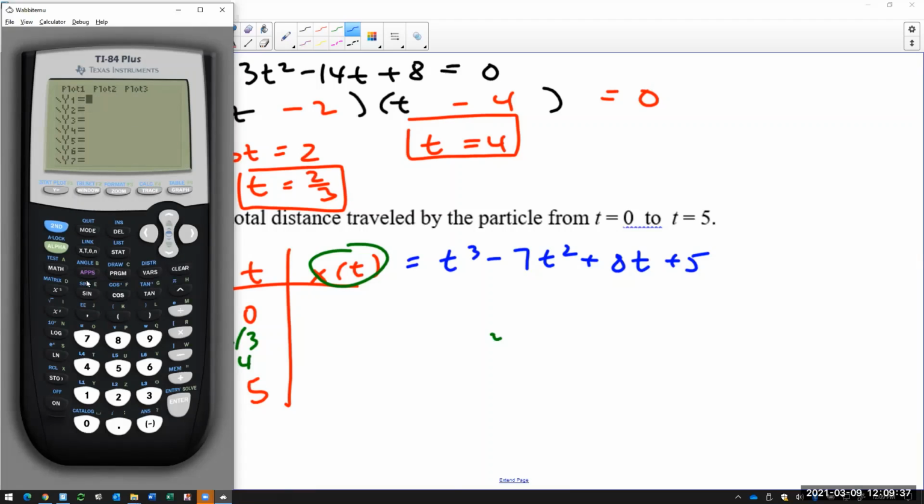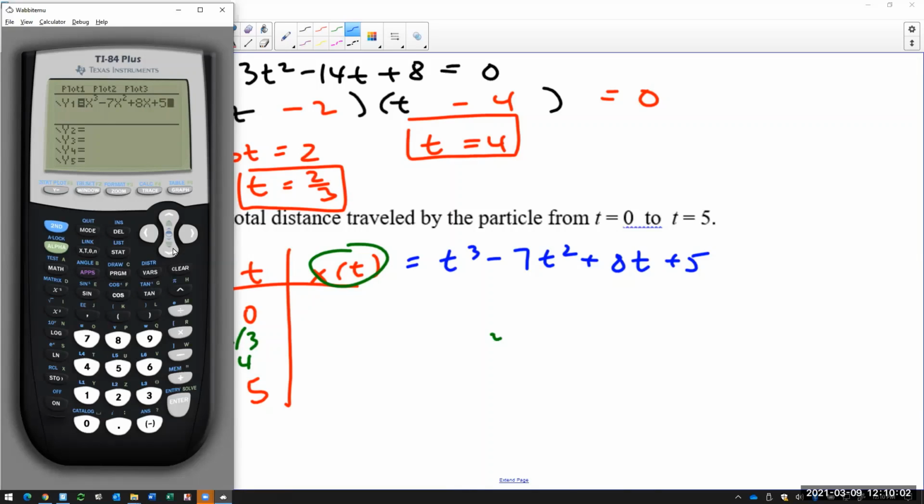Okay, this is going to be x cubed, not x squared, x cubed minus 7x squared plus 8x plus 5. Those of you guys doing the integral are probably laughing at me. Those of you are probably done already.